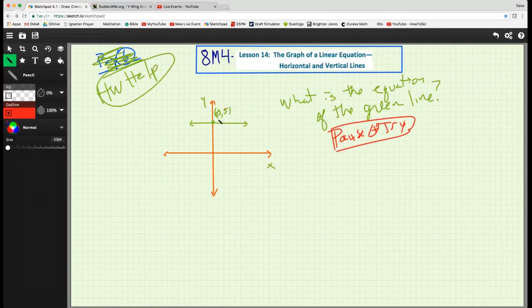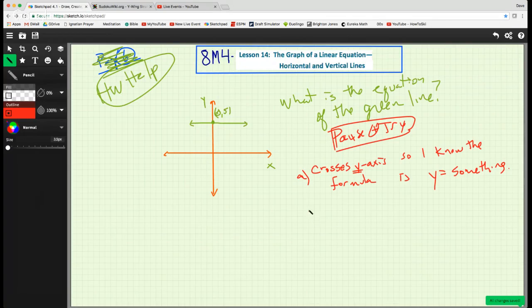Okay, I assume you're back. Now the key is here, this line, the green line, it crosses the y-axis. So I know the formula is y equals something.